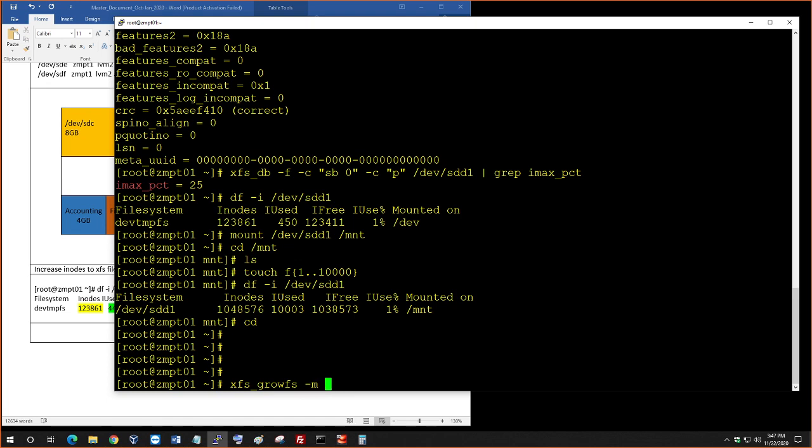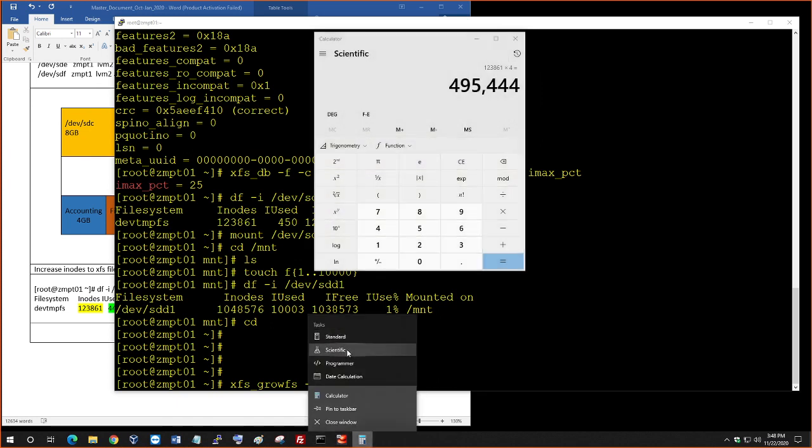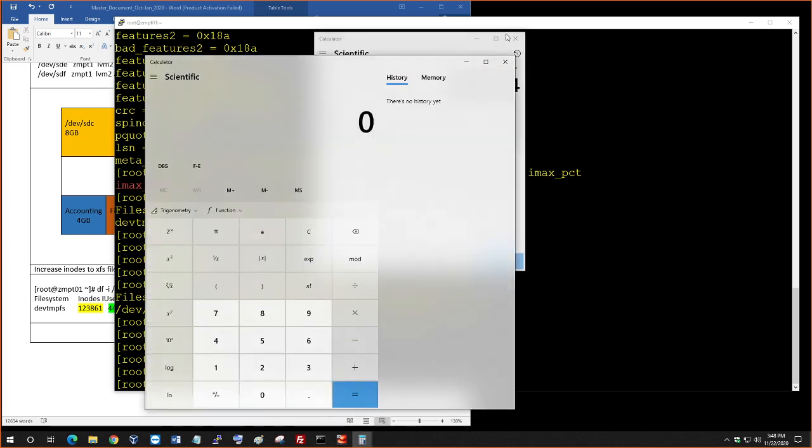Okay, now I'm going to increase it to about 30% of the number here, right? So what would be 30% of the number here? I'm going to open another calculator.